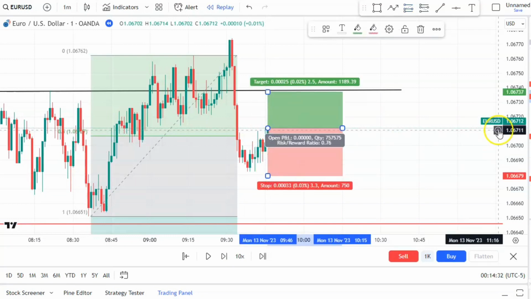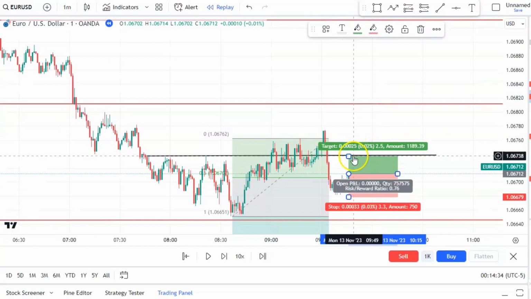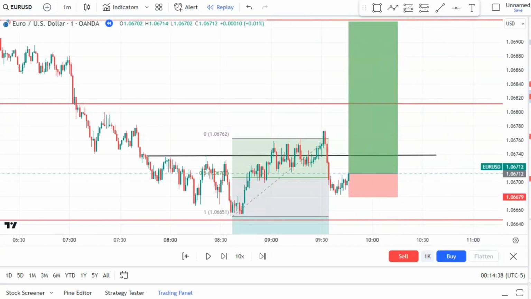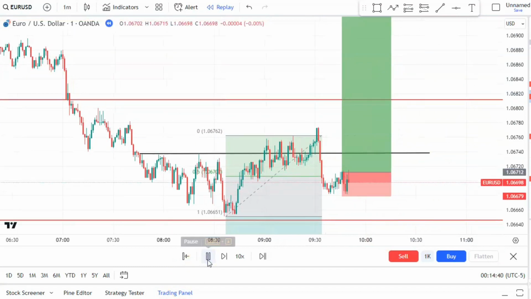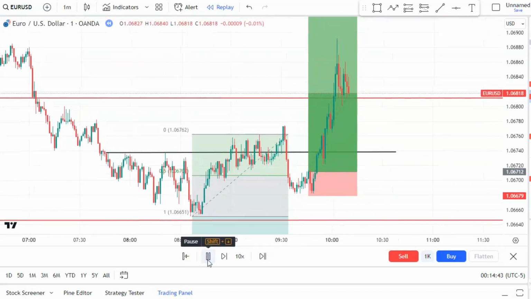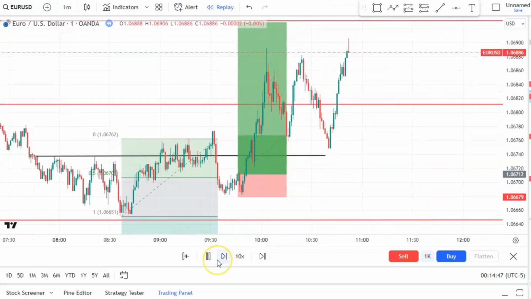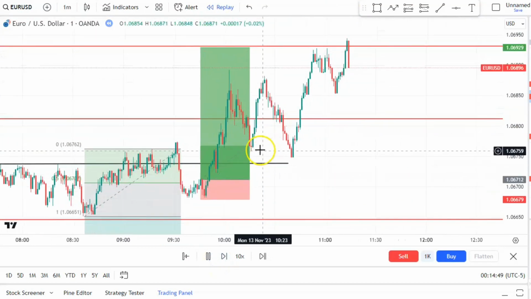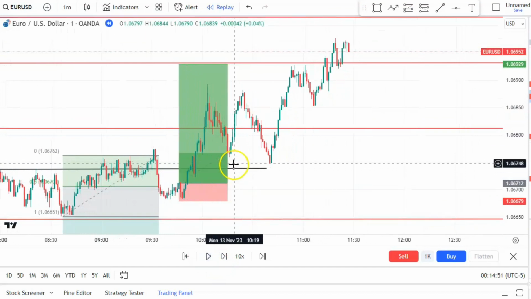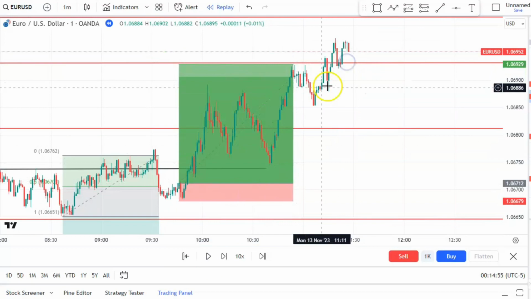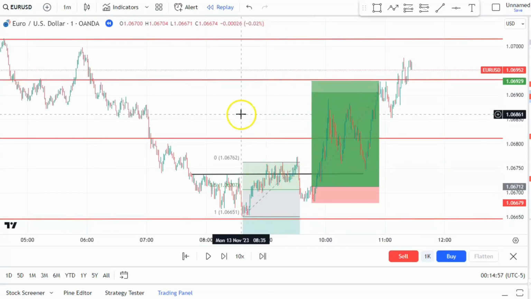Stops below that area and targeting the high of the day. And you can see, yeah, price did its thing. So before 11, the high of the day.